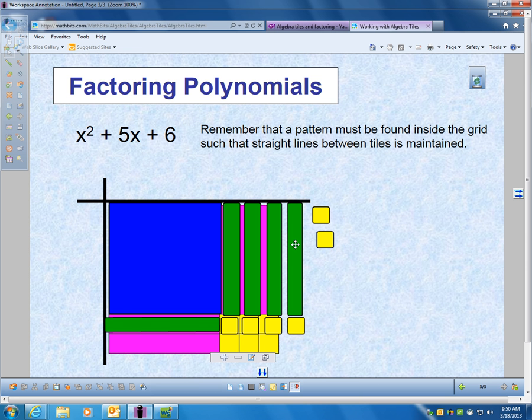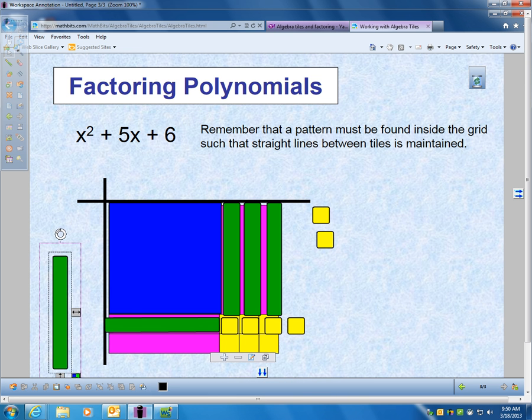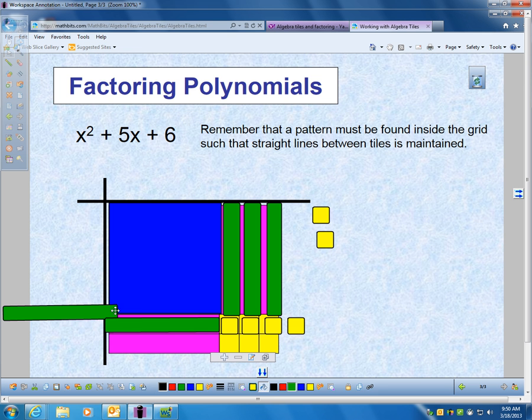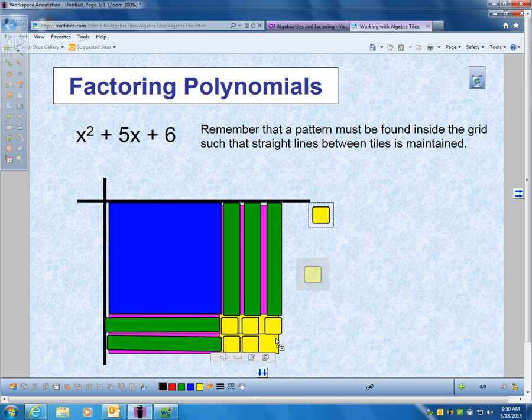But what if I steal one of these here, and I twist it, and I place it down here? Well, now suddenly I can move this tile here, this tile here, and this tile here, and now I have the same arrangement they showed you on the slide.